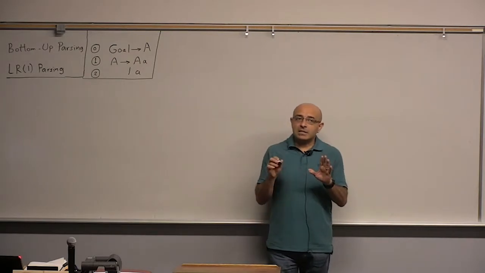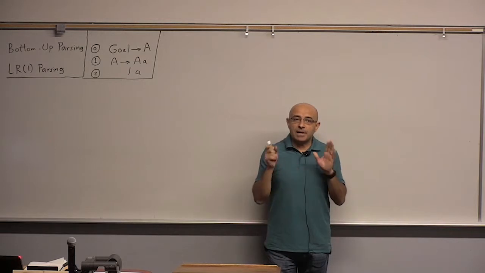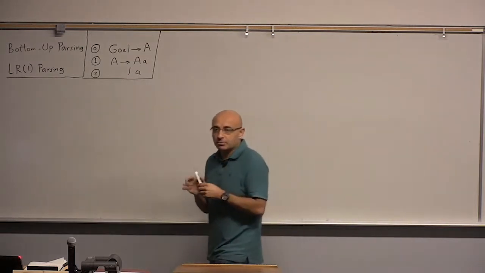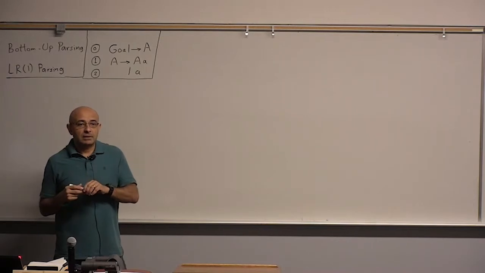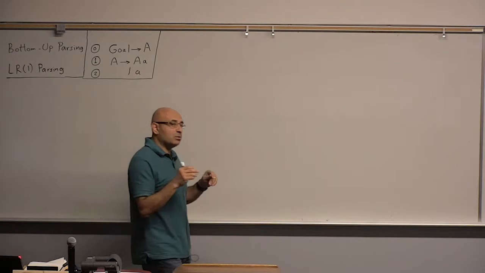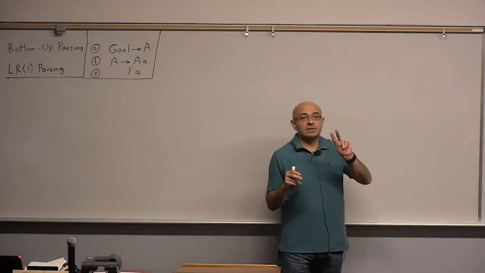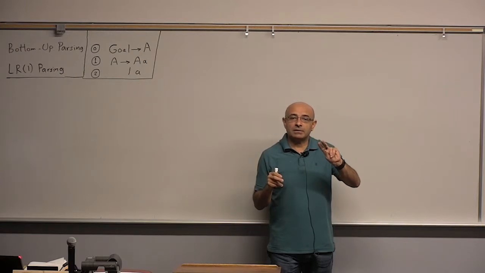And what's the decision that a bottom-up parser has to make? What's the main decision that a bottom-up parser has to make based on last lecture? It has to choose between two main options. What are the two main options in bottom-up parsing? You can shift or reduce.